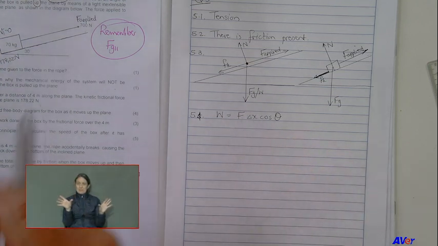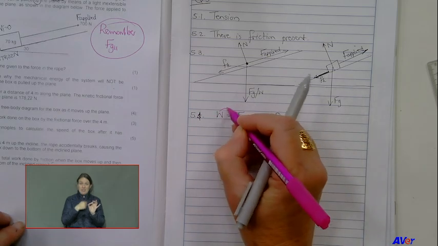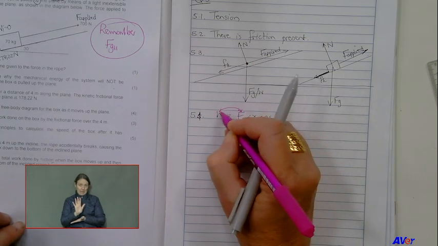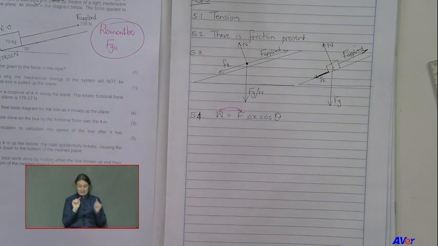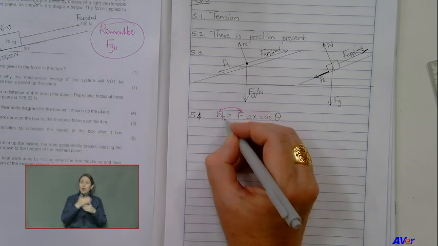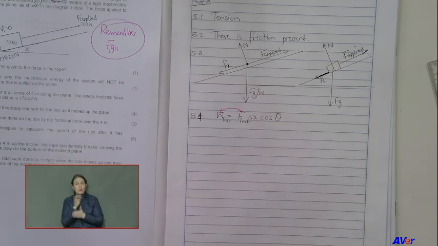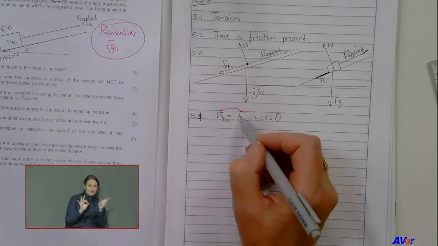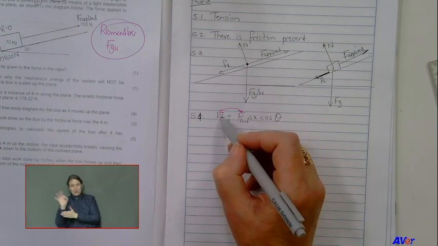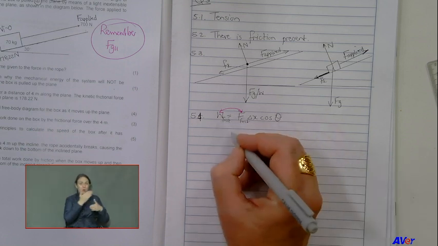So I'm just going to put it in pink. You're not going to write it in your exam paper. But those two must fit each other. So if they ask the work done by friction, that means you must use your frictional force. They must fit each other. You can't use the net force. You must use frictional force if you want to work out the work done by friction.